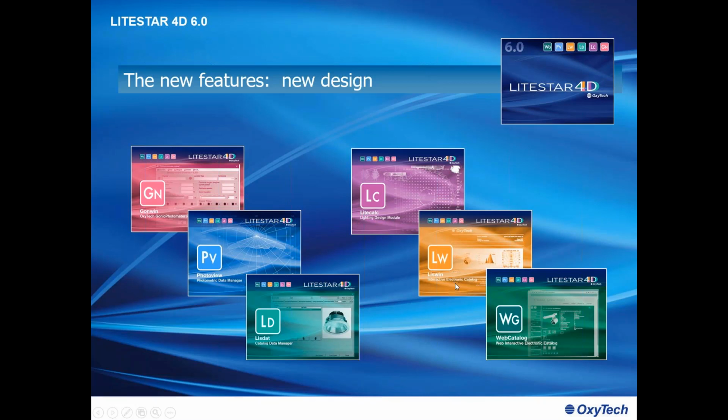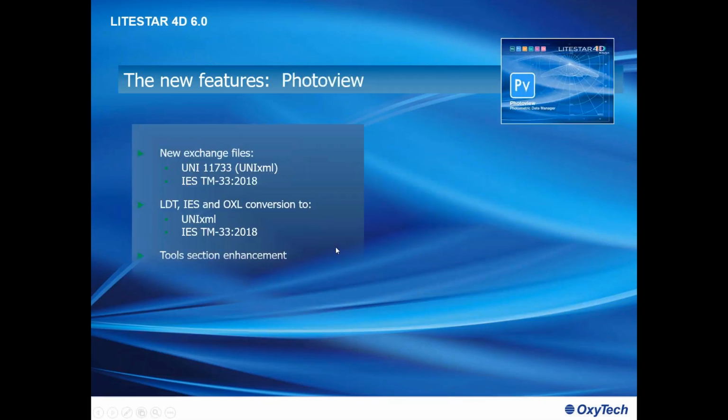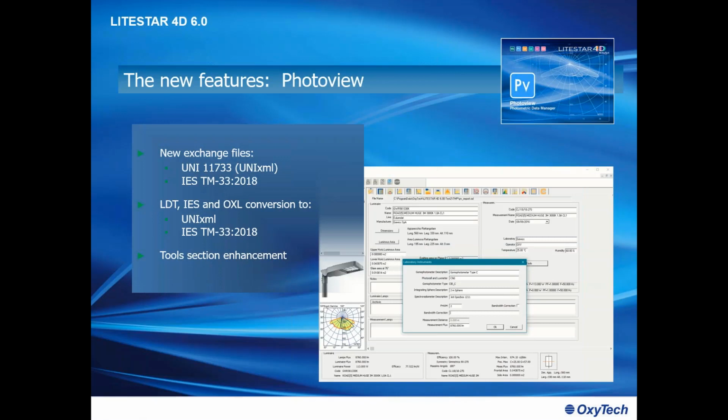The browser, the interactive electronic catalog, and the same catalog you can manage locally placed on the internet. So these are the 6 modules on which Litestar 4D is based. Behind the new splash windows you can see here, we also introduce a new layout of the icons. But let's come to analyze the main features of the new program.